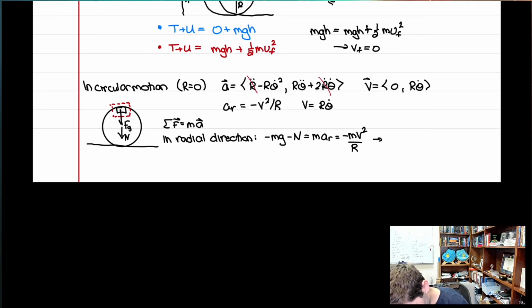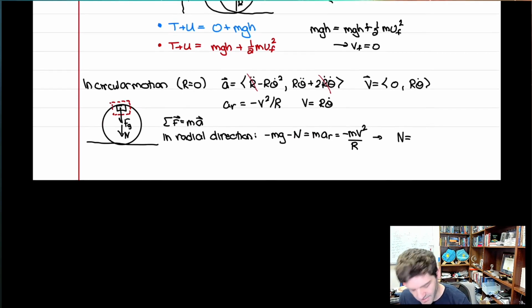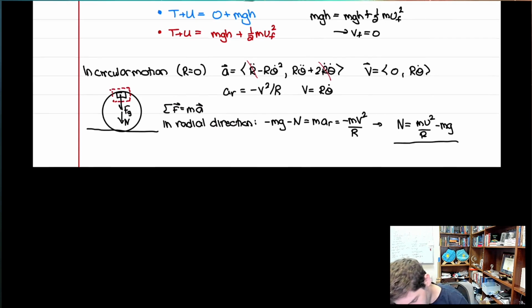So in order to maintain circular motion at the top of the loop, the loop better be exerting a force equal to m v squared over r minus mg. If that is true, then circular motion is maintained.